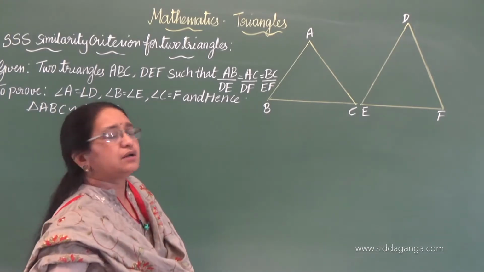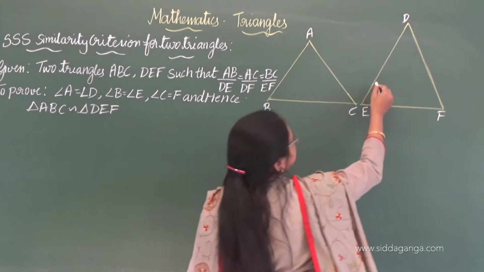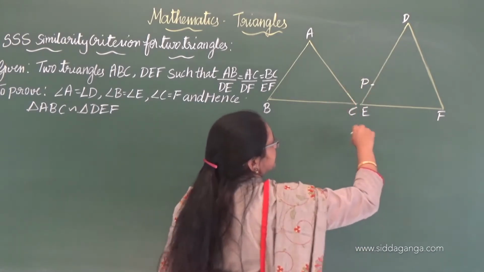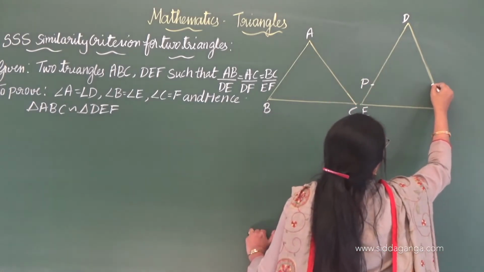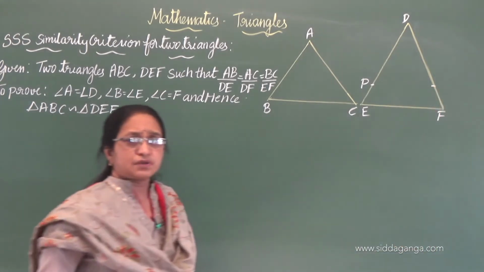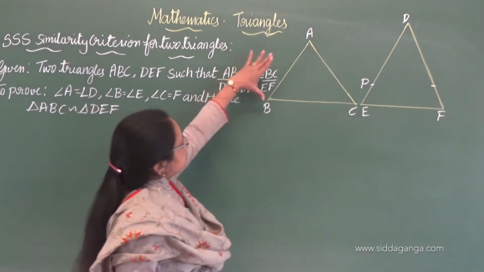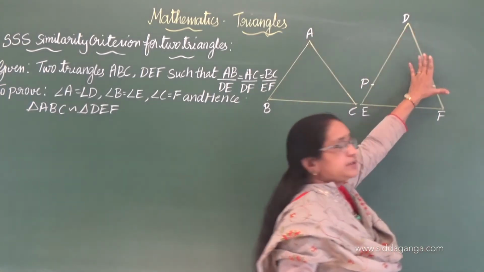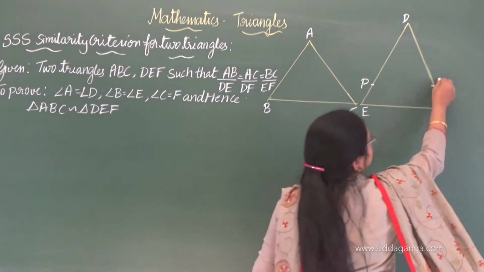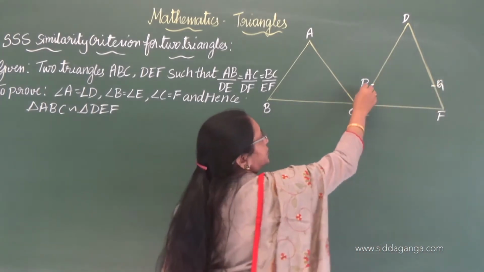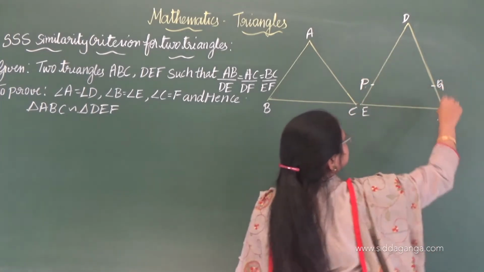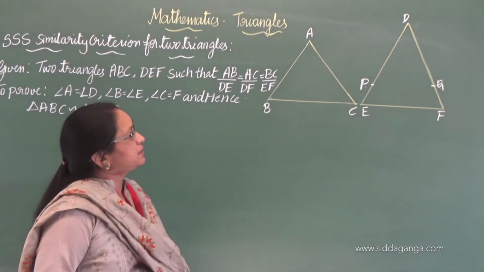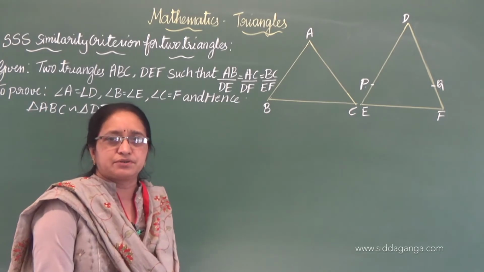Now for that I am going to cut DP and DQ such that AB is equal to DP and AC is equal to DQ. Okay, I will cut P and Q such that AB is equal to DP and AC is equal to DQ.